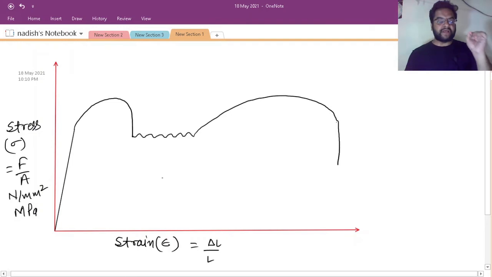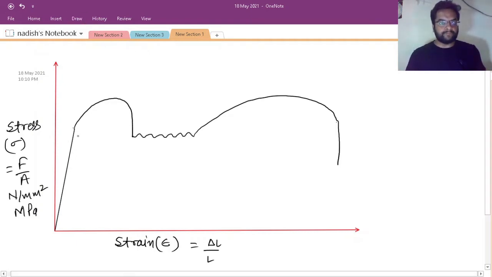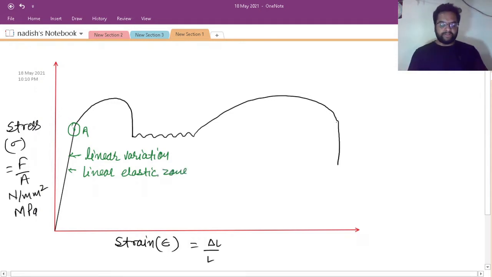That is, stress is directly proportional to strain, up to a point A. This is point A. Up to point A, the curve shows a linear variation, and this zone is known as the linear elastic zone.